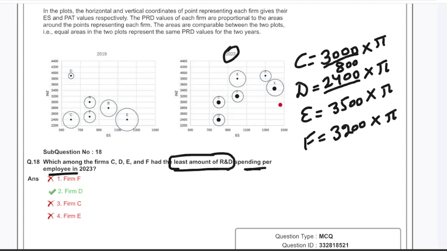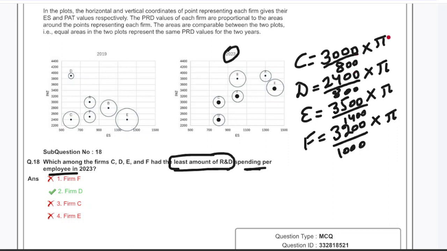For D, it is 2,400 by 800. For E, this is 3,500 by 1,400. And for F, we have 3,200 by 1,000. This we just calculated in the last question, somewhat like this it was. Just the only difference is now they are talking about R&D.